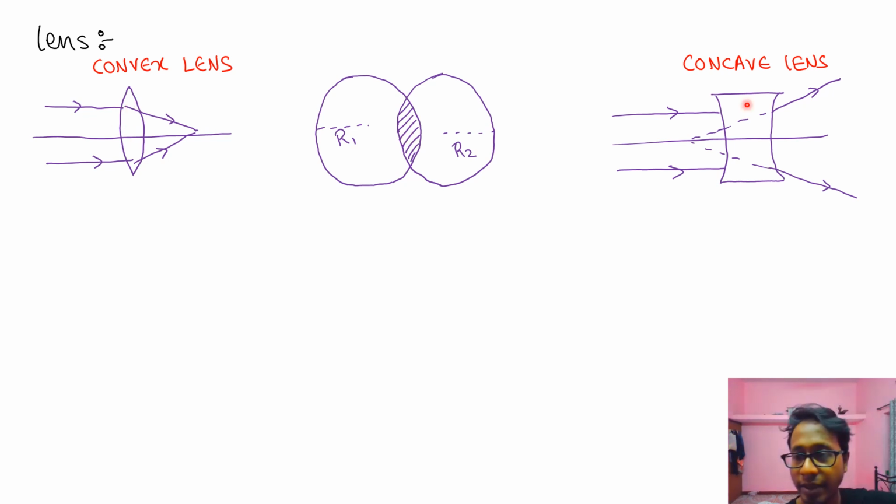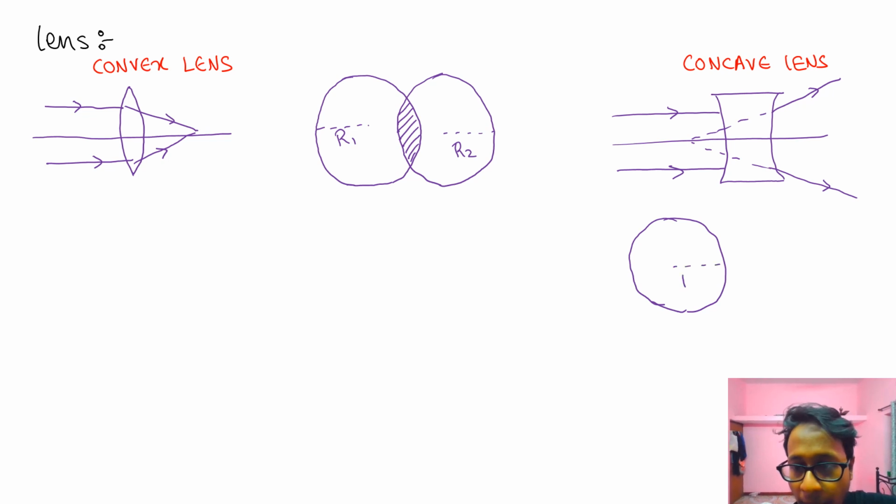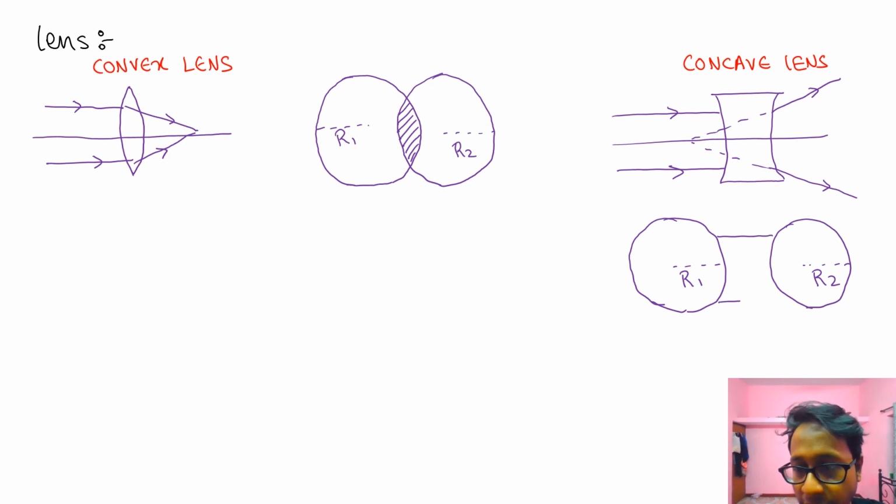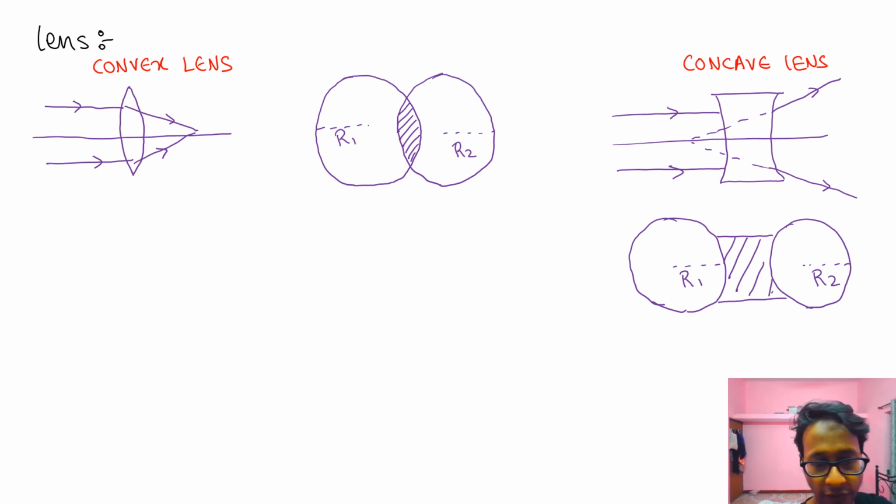Similarly out here, if I take a sphere of radius R1 and a sphere of radius R2, a union of these two spaces gives us a concave lens, or this kind of lens.